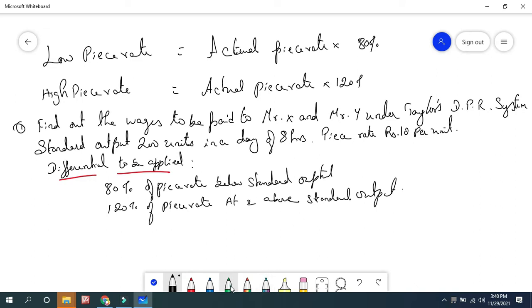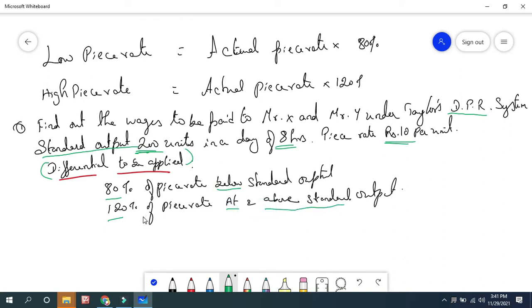The standard output is 200 units, and they work for 8 hours in a day. The piece rate is 10 rupees per unit. The differential to be applied is 80% if it is below the standard, and 120% if it is at and above standard.